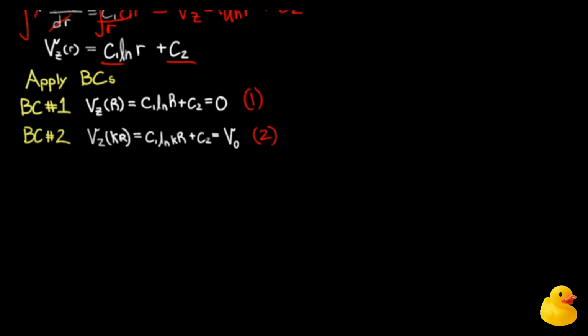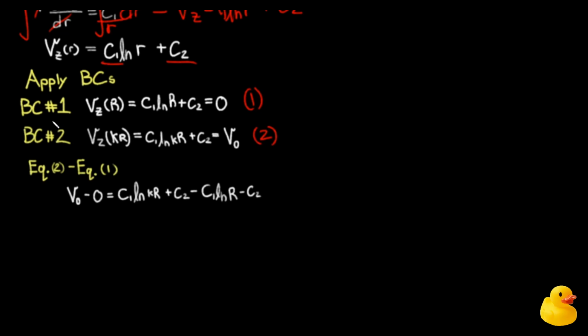If we subtract equation 2 from equation 1, we can find what the first constant is. So we can simplify this. We know that the C2's go away because it's a plus and minus. And then we could combine like terms. So it's just C1 multiplied by ln kr minus ln r.